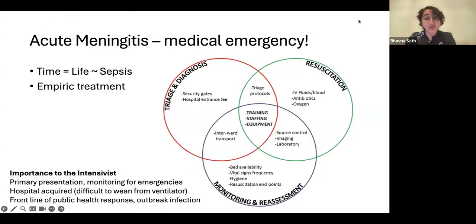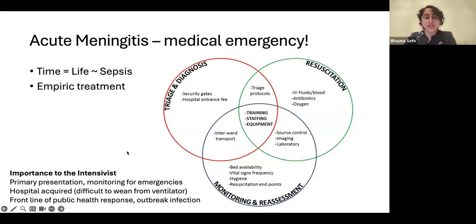So first things first, acute meningitis is a medical emergency. Just like sepsis or a myocardial infarction or a PE, these are diagnostic imperatives that you do not want to miss. If there is any suspicion for acute meningitis, time is life, and early empiric antibiotics saves lives.